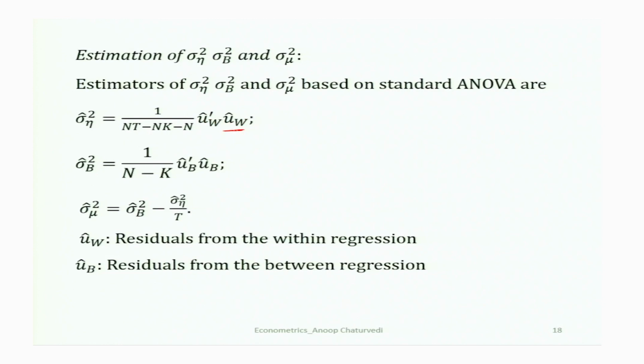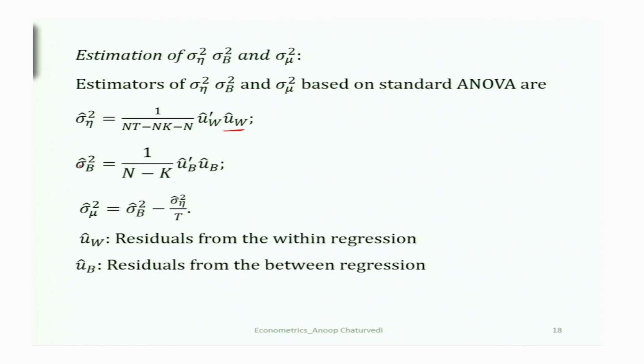When we fit the model corresponding to the within estimator, we get this residual. And then on the basis of that, we can estimate sigma hat square eta. We divide it by the corresponding degree of freedom, which is nT minus n minus k.